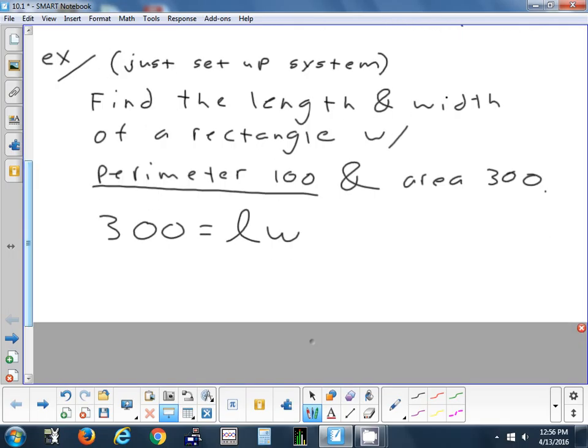What's the formula for the perimeter of a rectangle? 2L plus 2W. Now because of this second equation, we have two equations, two variables. We're going to get one solution. There'll be a length and a width that makes this work. We'll come back and solve it in a little bit. But any questions on that?